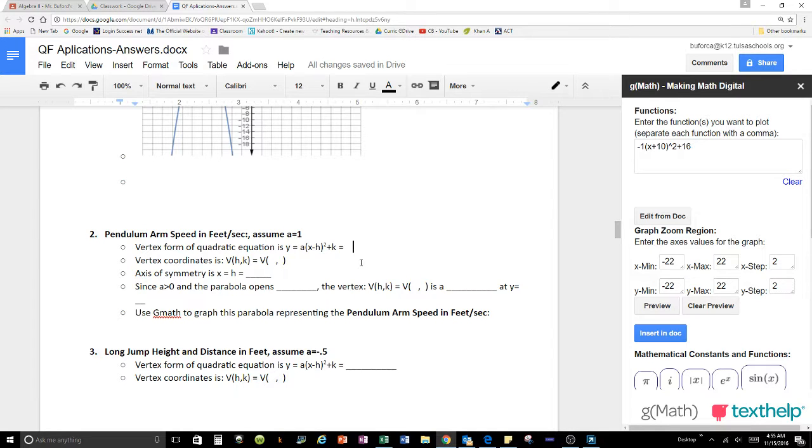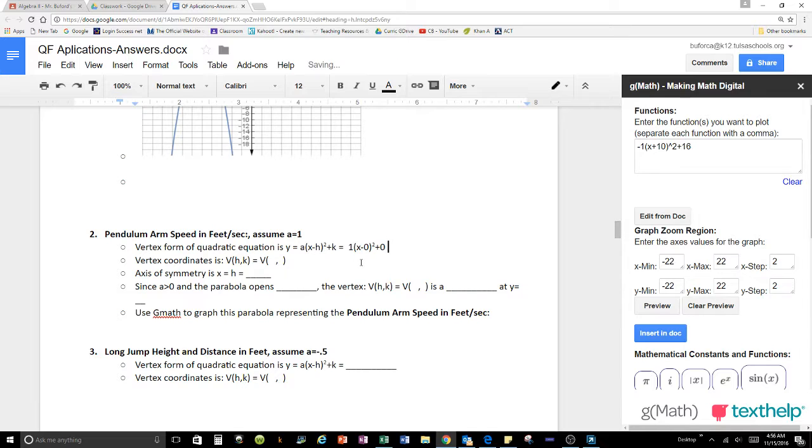So what we have here is 1 times x minus 0, squared, plus 0, because k is 0.